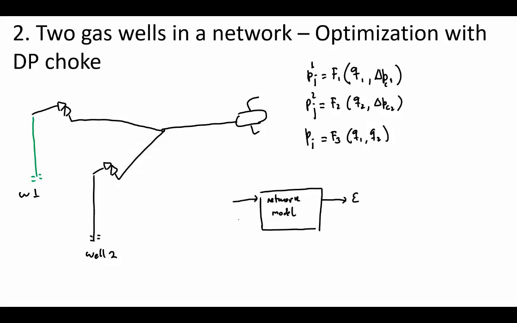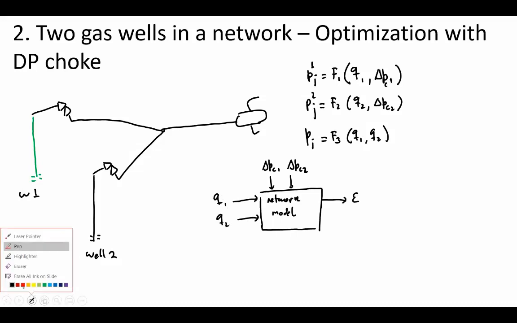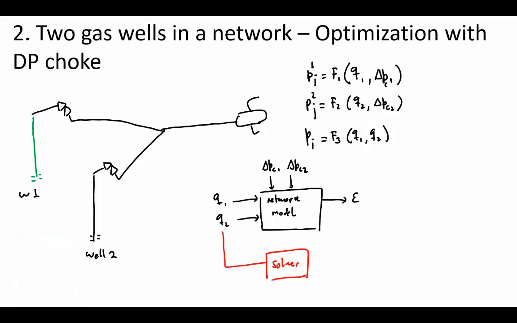I provide the delta P choke 1 and delta P choke 2, and I have Q1 and Q2. Essentially I'm trying to change these two Q's to drive this epsilon to 0, as we have done before.